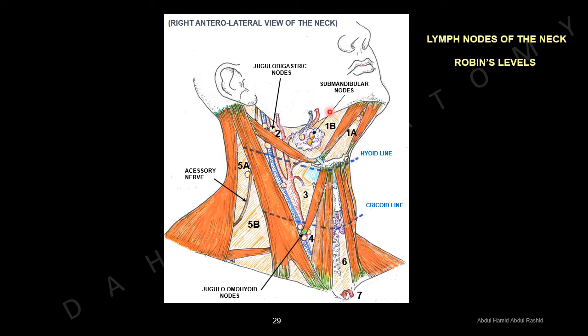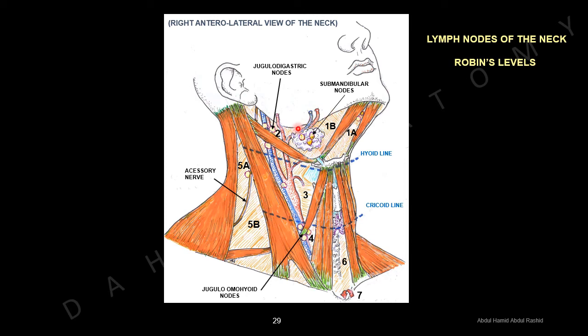This is the inferior border of the mandible. This is the anterior belly of the digastric. This is the posterior belly of the digastric. This area is your digastric triangle, which is divided into two parts.